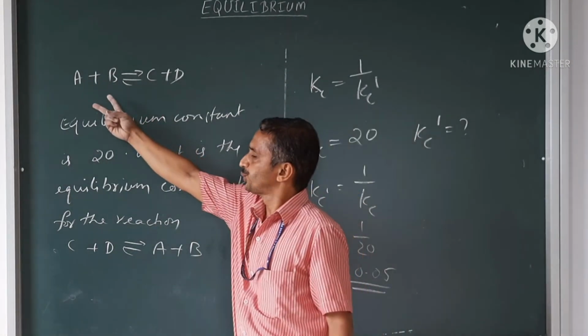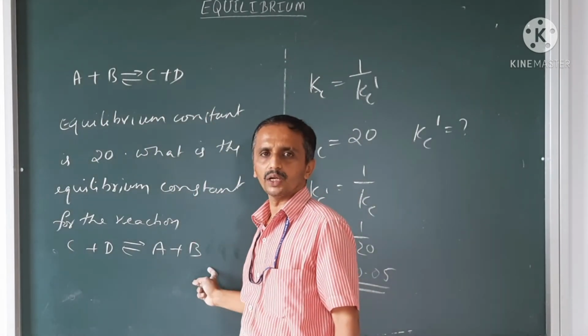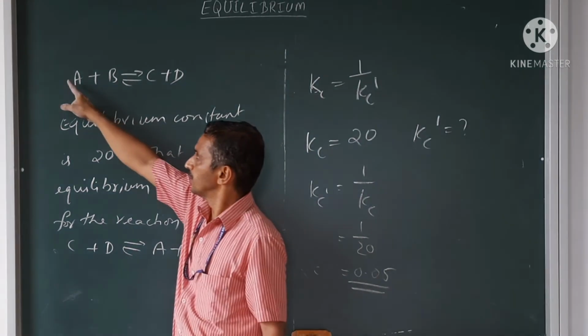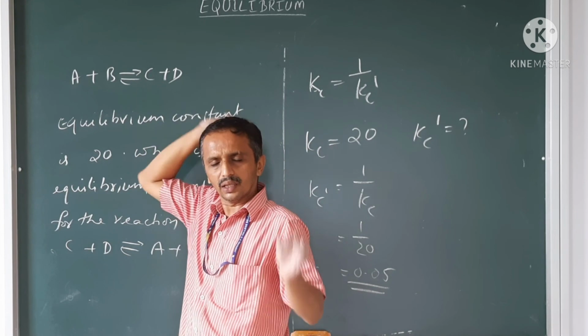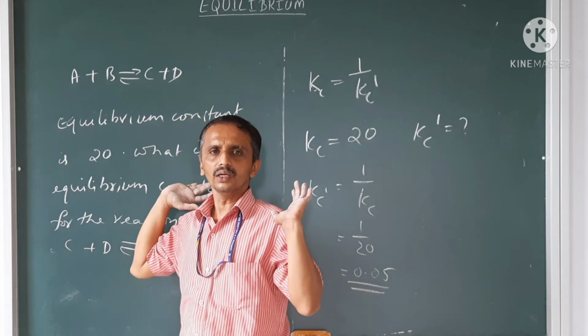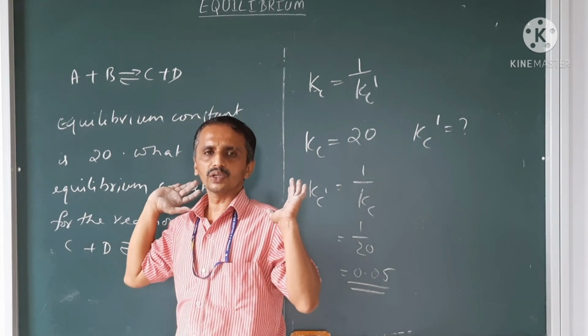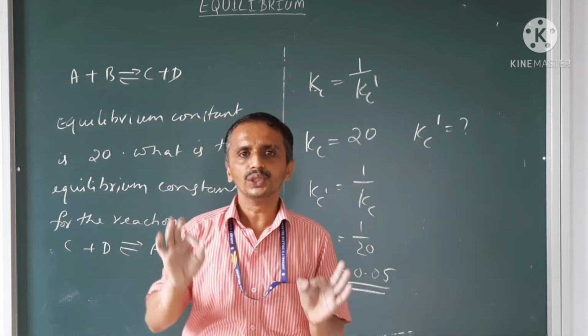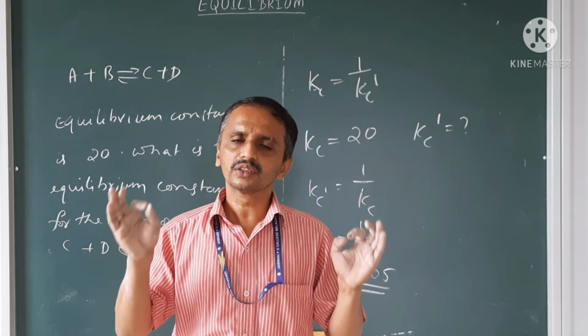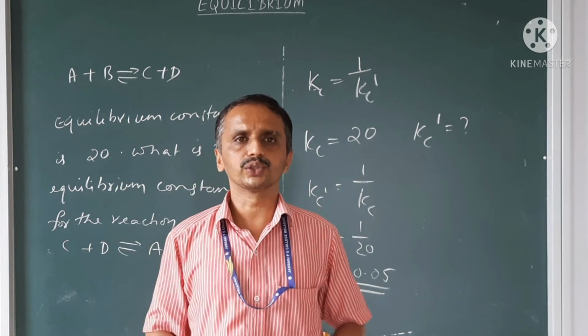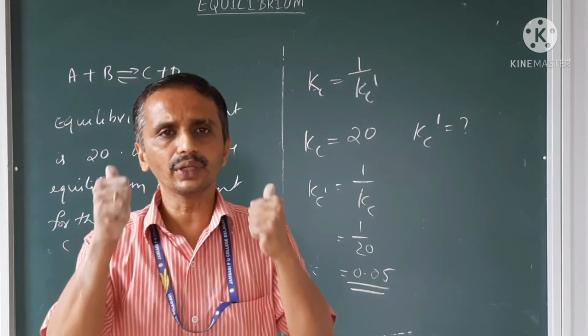You have 2 moles, so they may not have the unit. But you see, this is a 3, this is a 1, this is 1, then definitely this will have the unit for the equilibrium constant also, even though it's a constant. And remember, certain constants will have units also. Thank you. I'll continue in the next video.